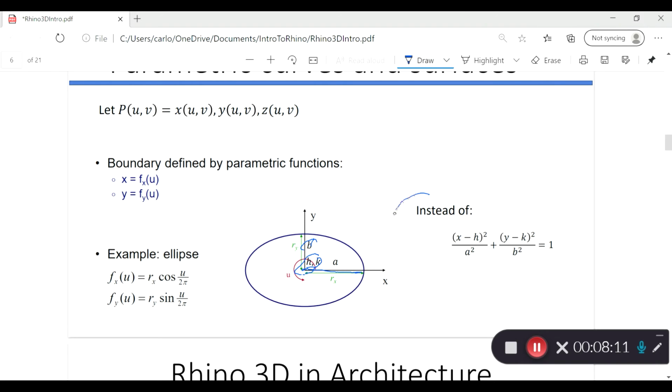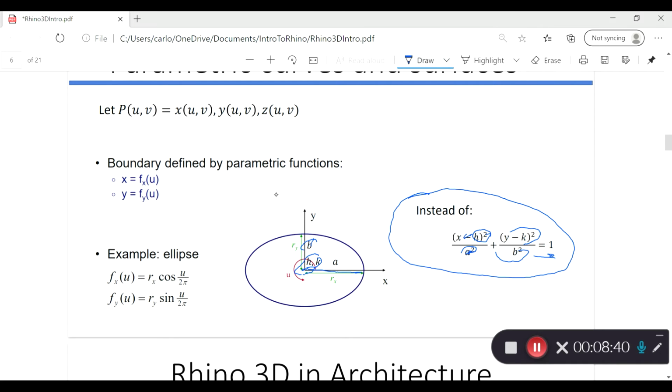Instead of creating this function and computing this squared and this squared, and then dividing this plus that, equals 1, which has to hold this condition to be an ellipse. So right there you have subtraction, power, division, the power. You have a bunch of operations.